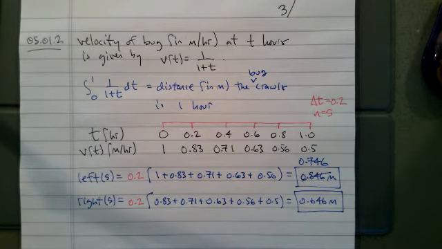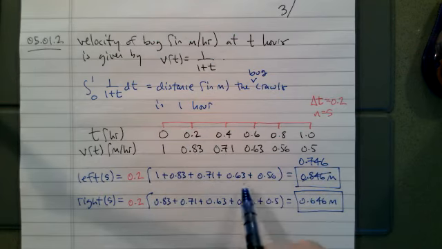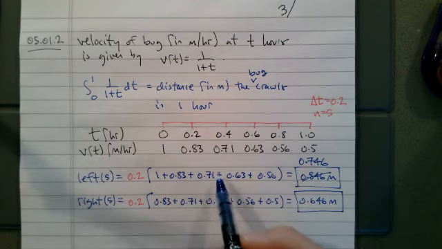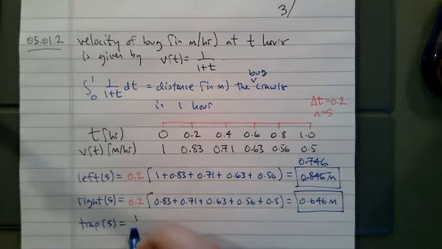The average of these two will be the trapezoidal estimate, and that will be assuming that the function is linear on each subinterval. So instead of a bunch of flat lines, it's a bunch of trapezoids. So for the trapezoidal rule, since we have left and right already calculated, I'm just going to find the average of these two.